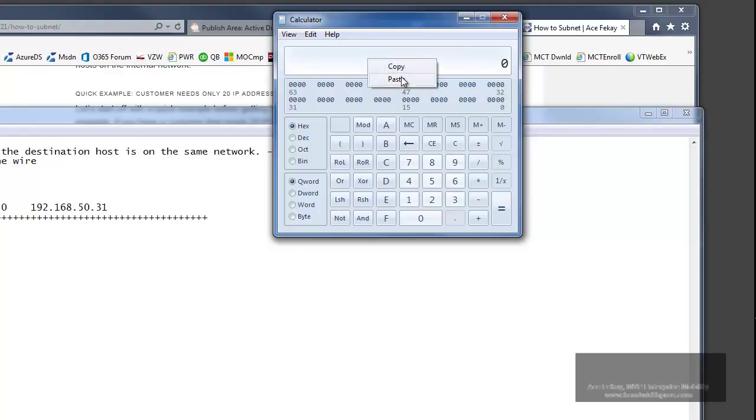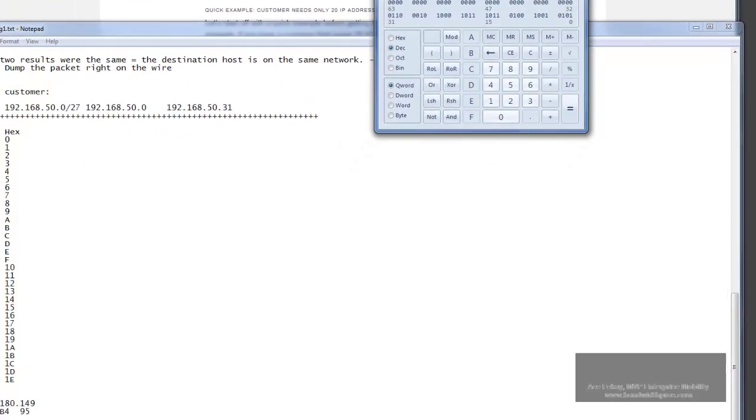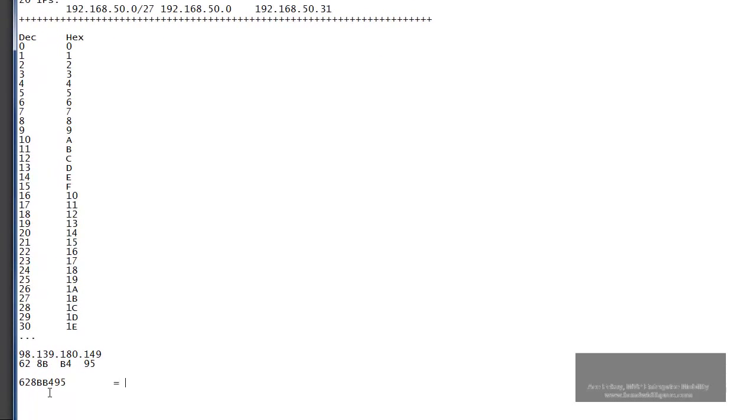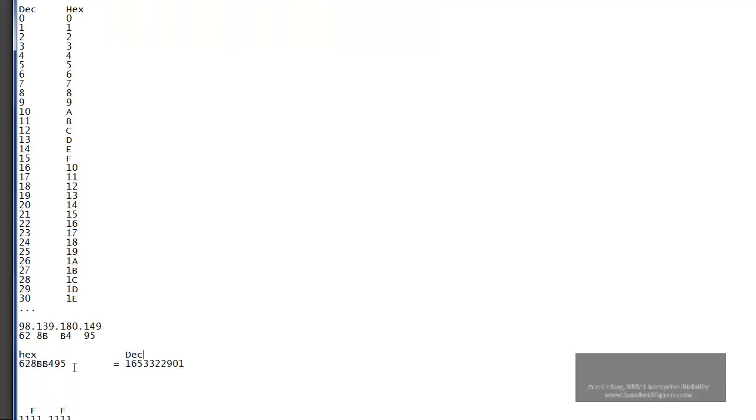First clear the screen, paste that. I'm going to translate that to decimal. Copy. So it equals that. Remember, this is hex, and this is decimal. You'll see what I'm going to do.